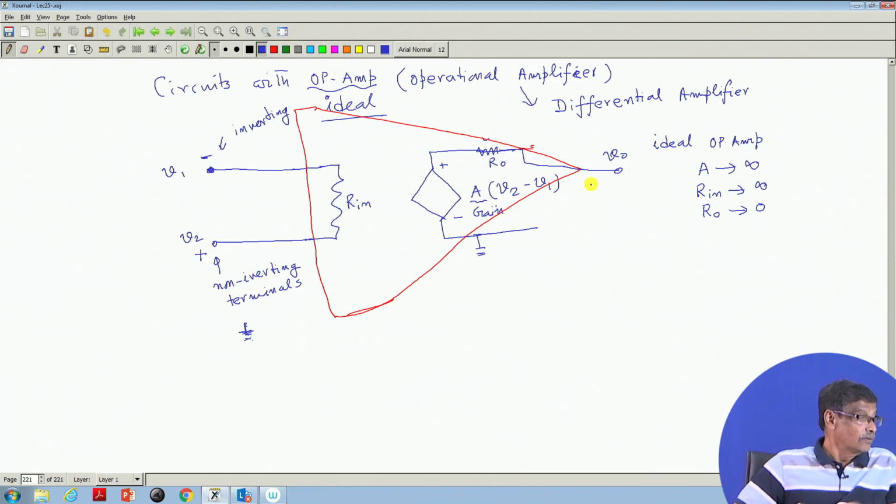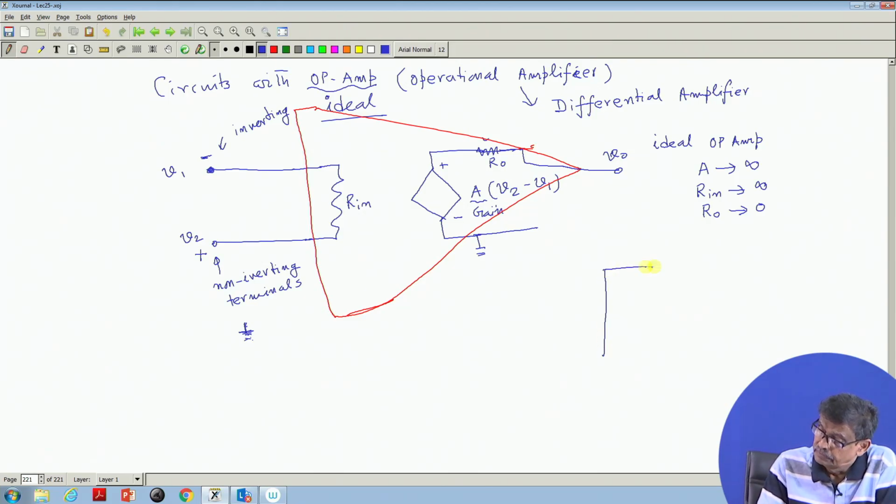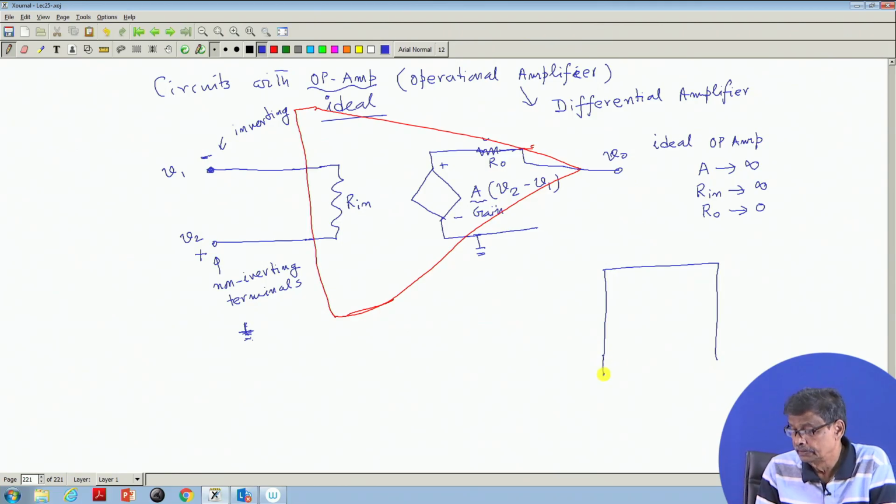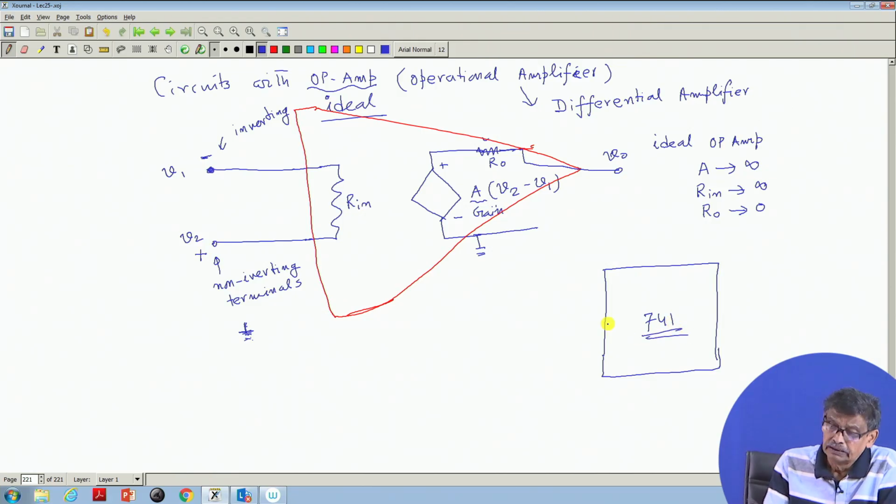Achha. Now, I will just tell you about a very popular op-amp chip, which is available as the 741. To understand what these terminals are, there are 8 pins, 8 connections you can make.